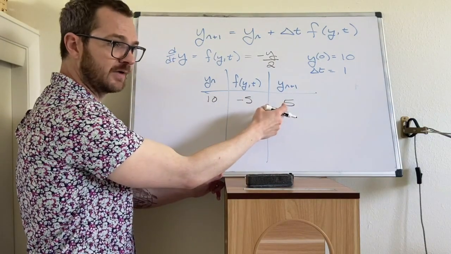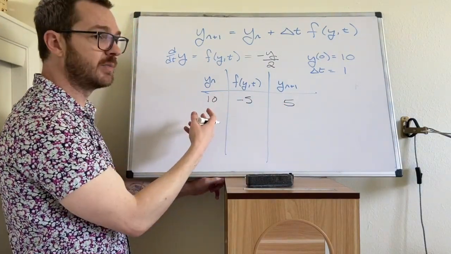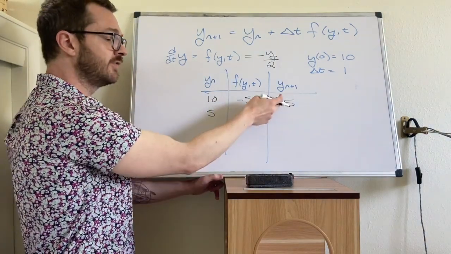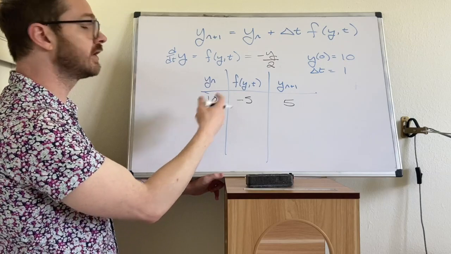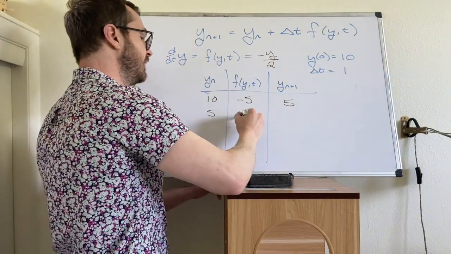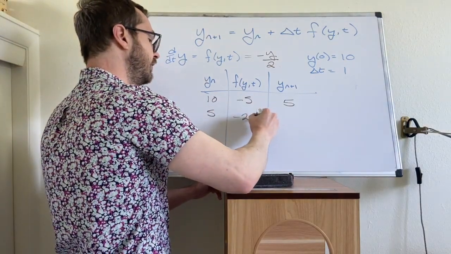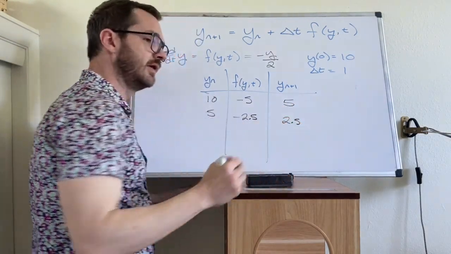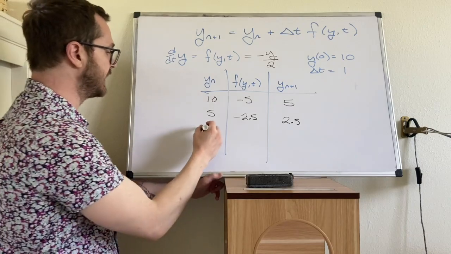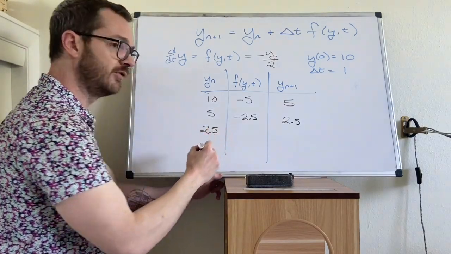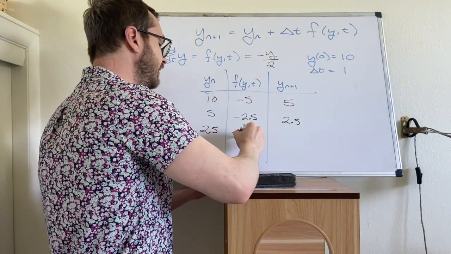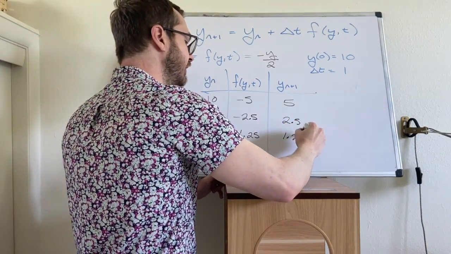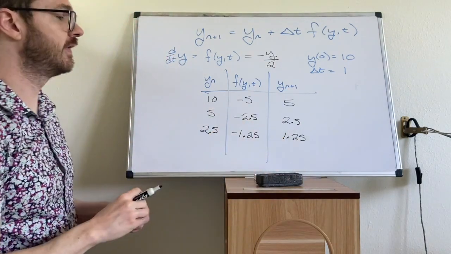This is the first pass of the algorithm. You write this algorithm in a loop, so it continues. Next time, the input value is 5, just copied from here. We calculate the slope again. This one is negative 2.5. We calculate the update. The update is 2.5. Next pass, it comes in at 2.5. We calculate negative 1.25, and this one's new value is 1.25.